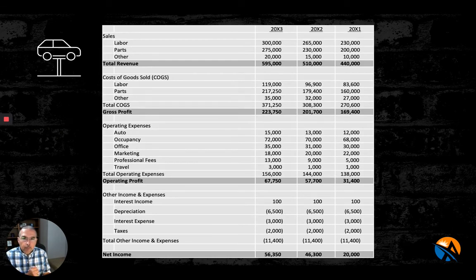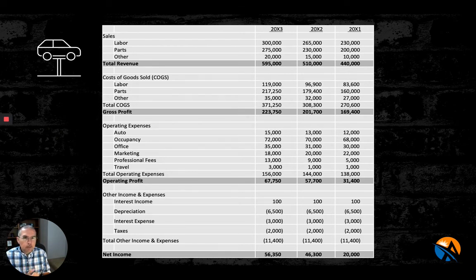Now that you have a proper income statement, you can utilize that to help drive profitability in your business. And that's really what an income statement is meant to be. It's not meant to be just for taxes. It's not meant to be something that is dreaded, like I just got to get it done because my accountant is asking me for it.